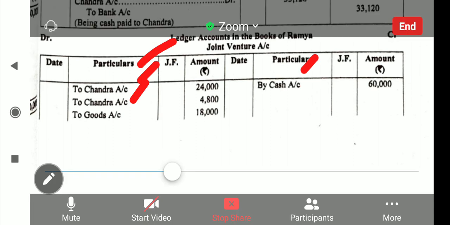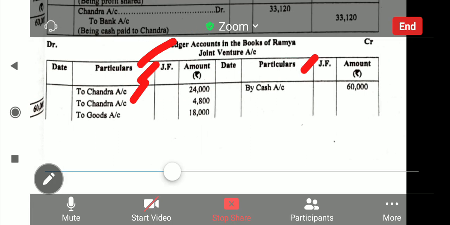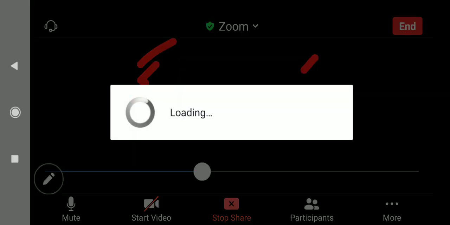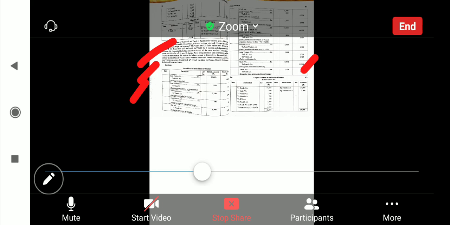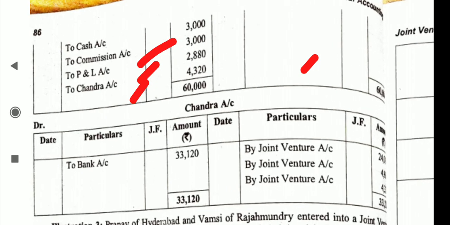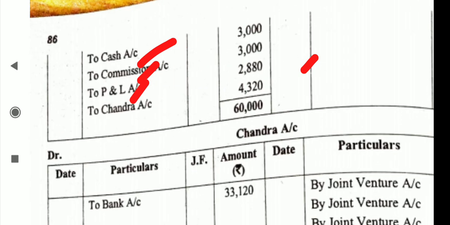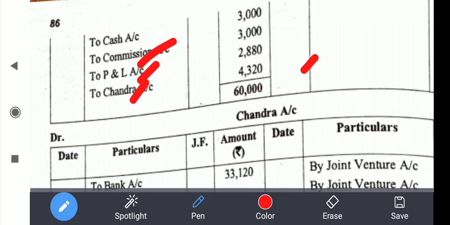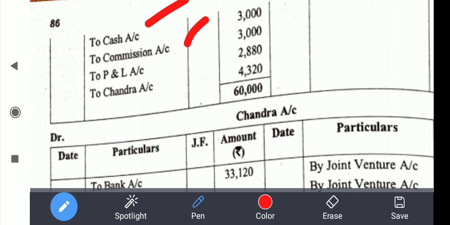Next, this is the cash expenses paid by Ramya. This is the commission received by Ramya. Then the difference amount, how much is it, and where should it be transferred?